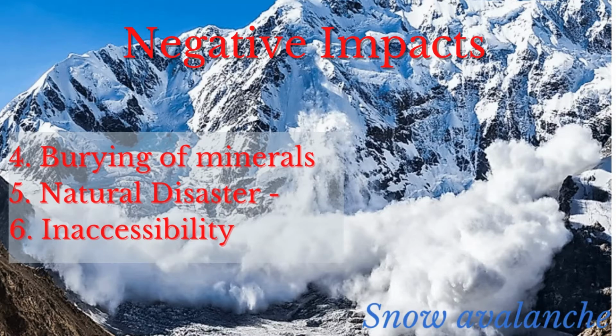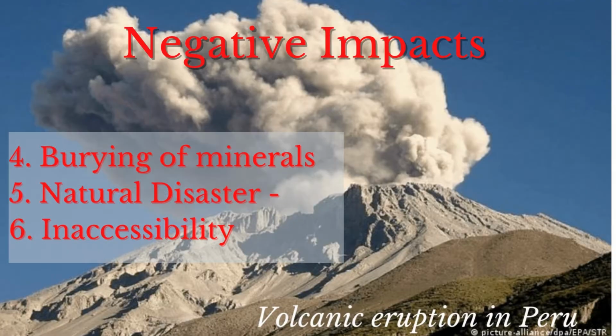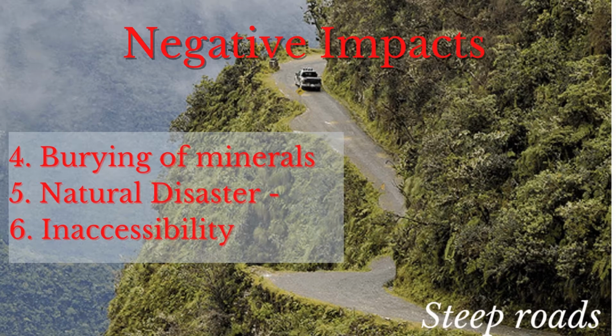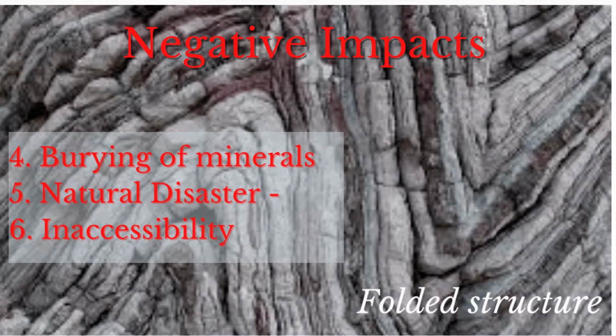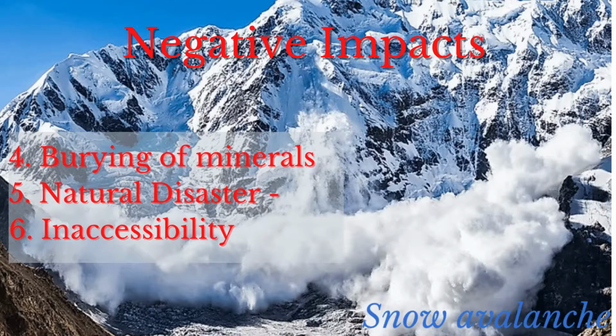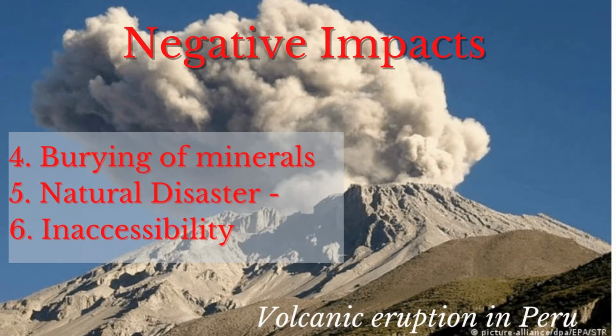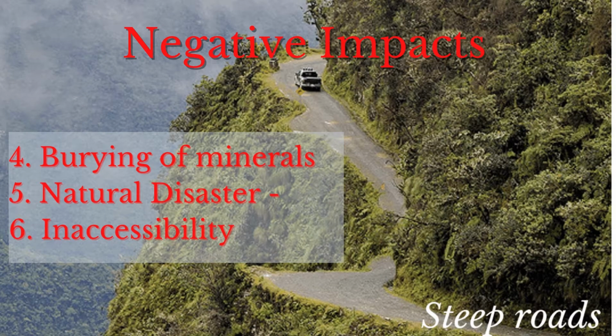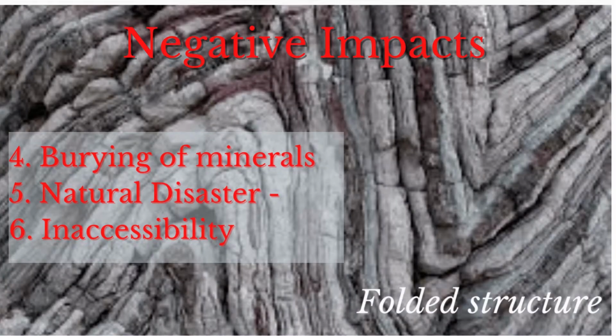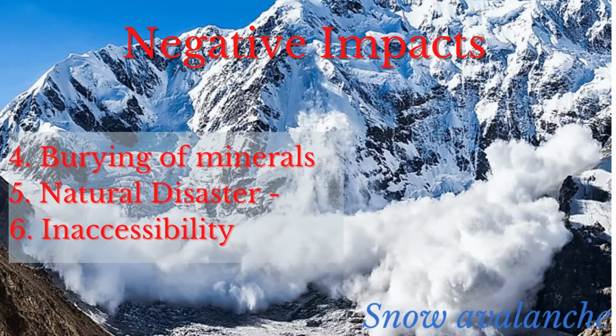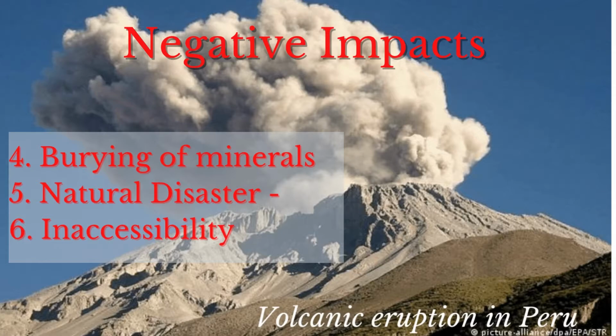Another problem is inaccessibility. Fold mountains can also create barriers to road and railway where there are no passes. Even where passes exist, they may be covered by snow. The roads and railways are difficult and expensive to construct.